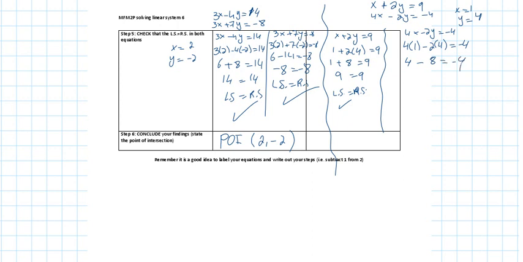Remember, BEDMAS says that I have to do the multiplication before I do the subtraction. That's why I'm doing the 4 times the 1 first and then the 2 times the 4. Now I can do 4 minus 8, which is negative 4. And that proves that my left side is equal to my right side. And that means my point is, what's my point? 1, 4.